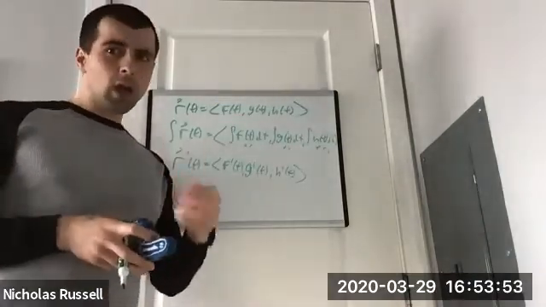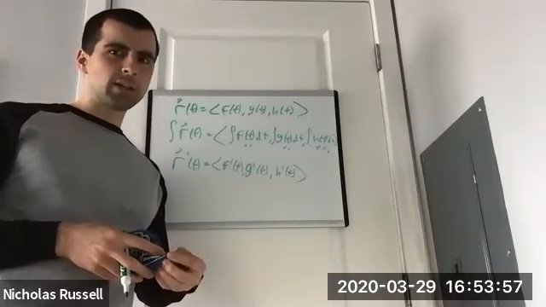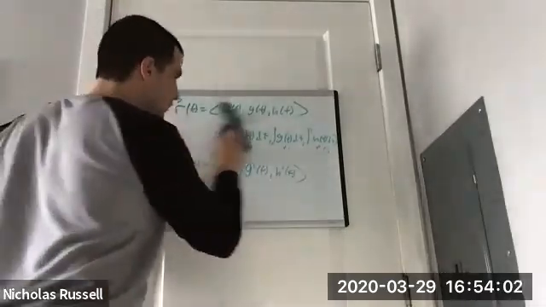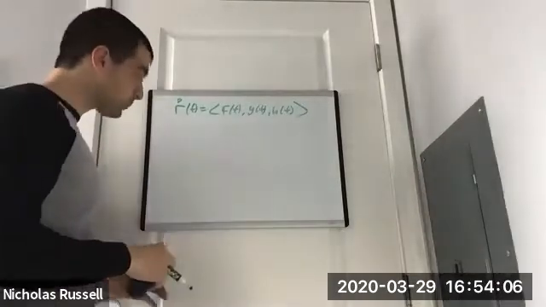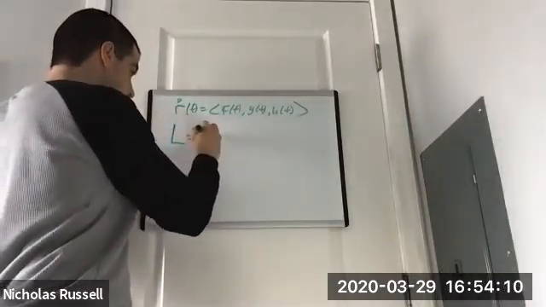Now, a couple of other important facts that we might want to know. The first thing that we want to think about is arc length. Let's say I have this r of t here. What can I tell you about this?